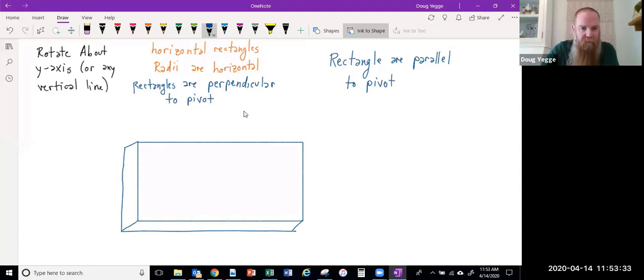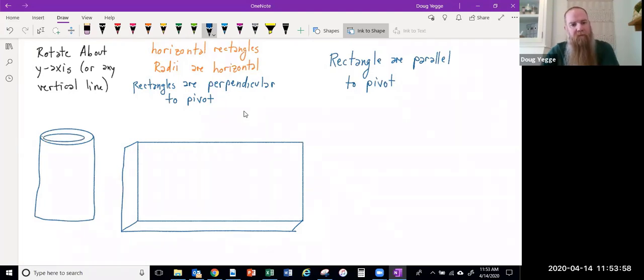This was originally what I started with, my shell here that was going to have a particular width to it. All I've done is pick it up and move it.